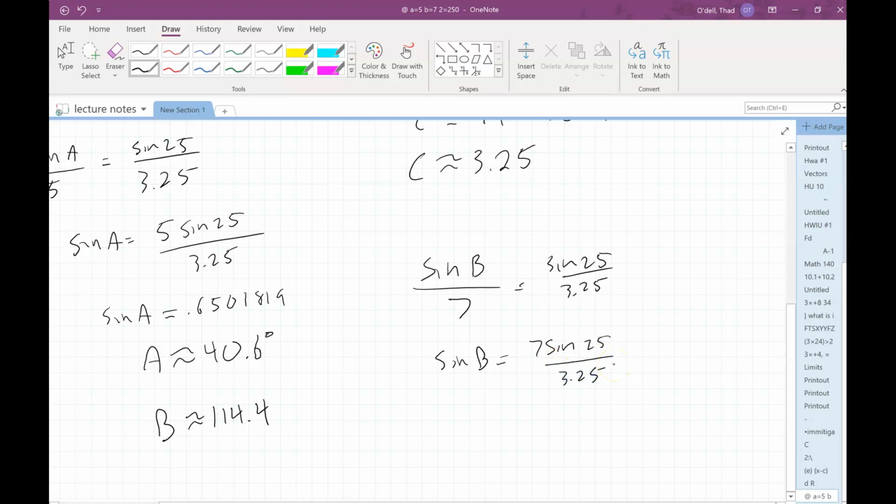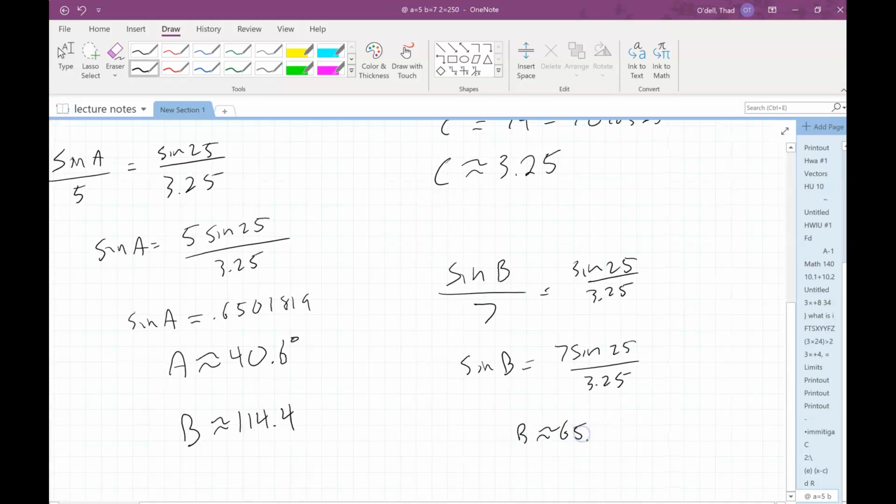That would be 7 times sine of 25 divided by 3.25. We get 0.91. Take the inverse sine, and we get B is approximately equal to 65 degrees. Notice that's very different than what we got, isn't it?